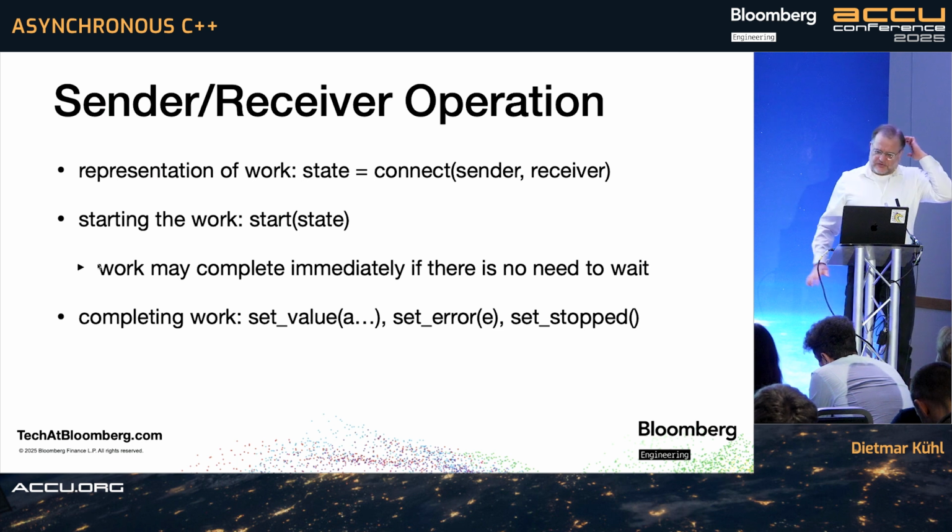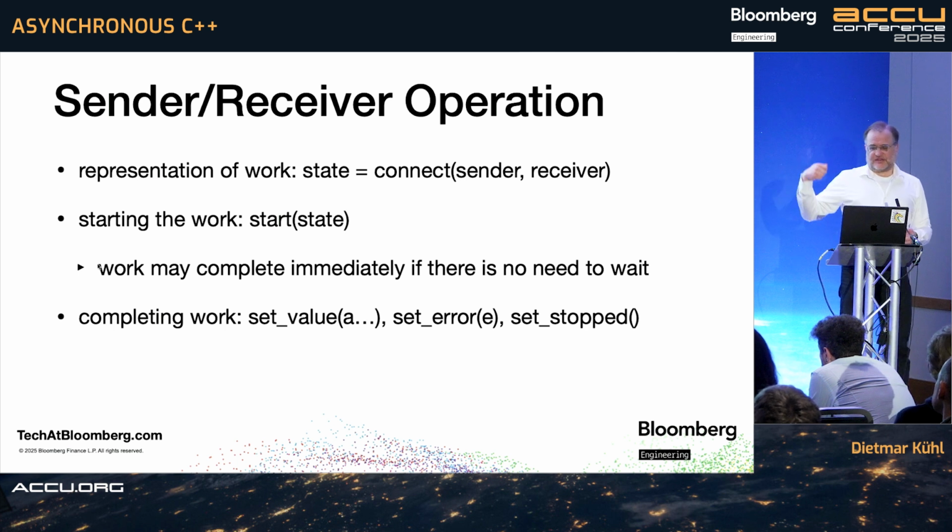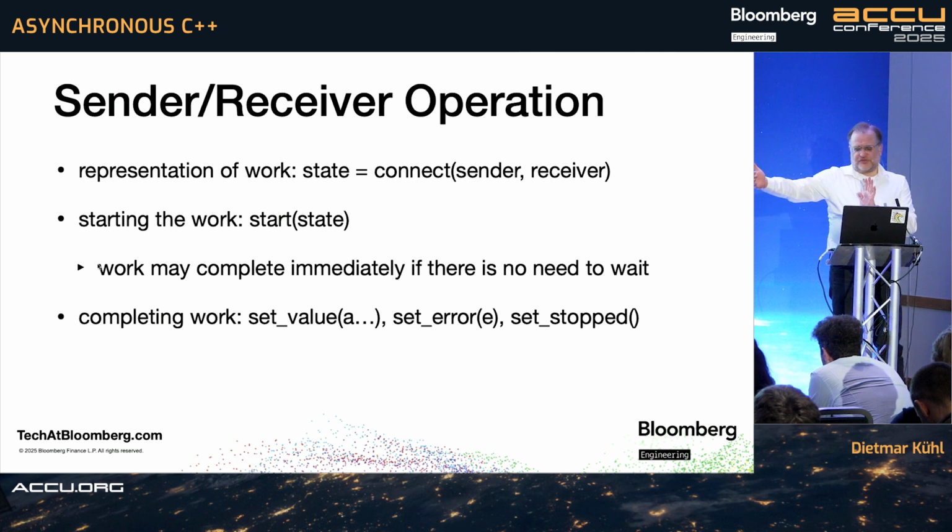I think I talked about most of these things: representation of work, and starting the work. One thing which is sometimes important is that work may complete immediately if there is nothing to wait for. So start may actually call the completion function on the receiver before start returns.